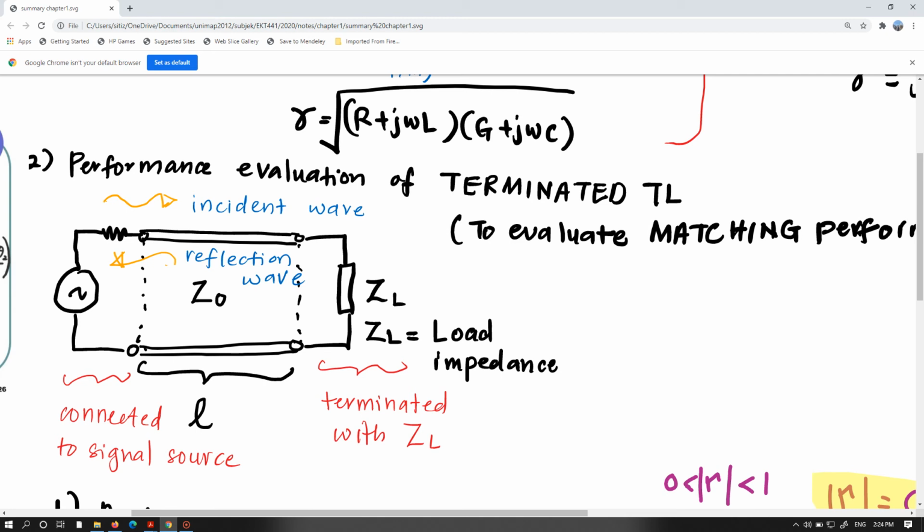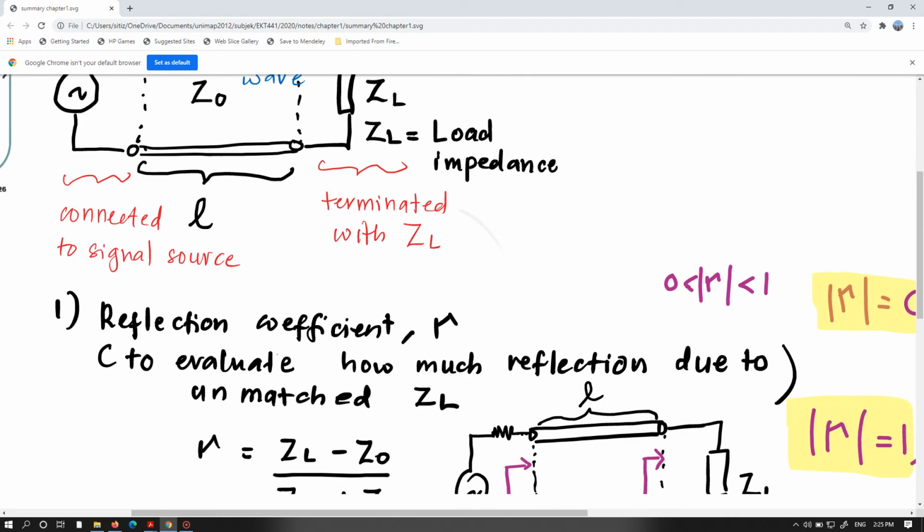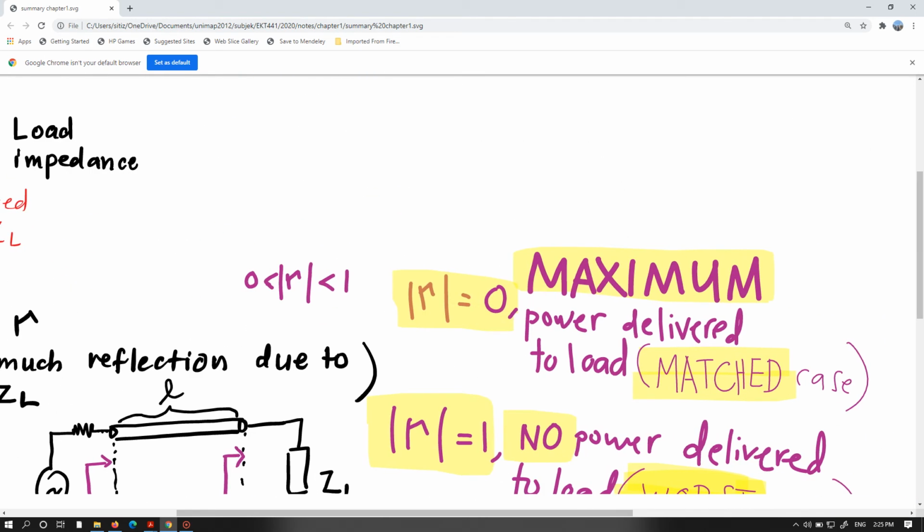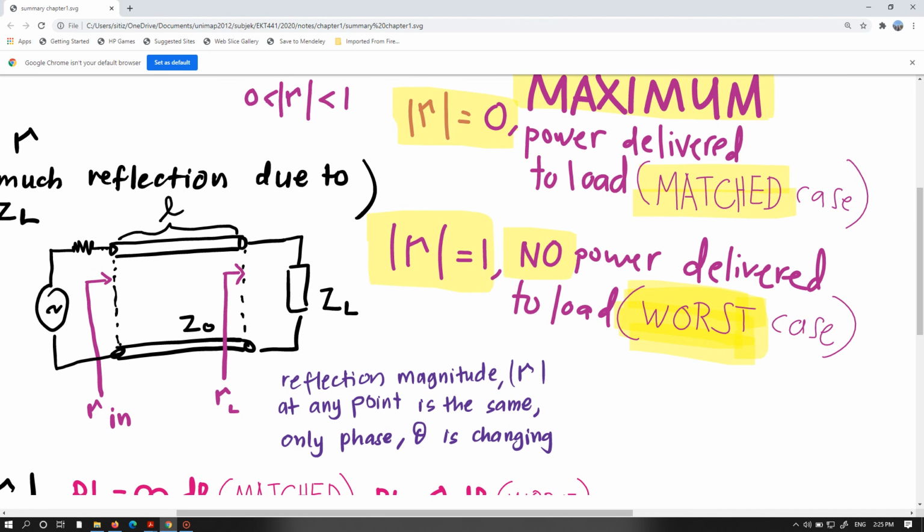So how are we going to evaluate the match condition? What does it mean by match? Matching means that maximum power is delivered to the load. If there is no matching at all, no power is delivered to the load.